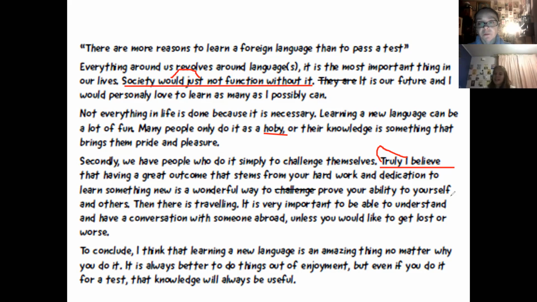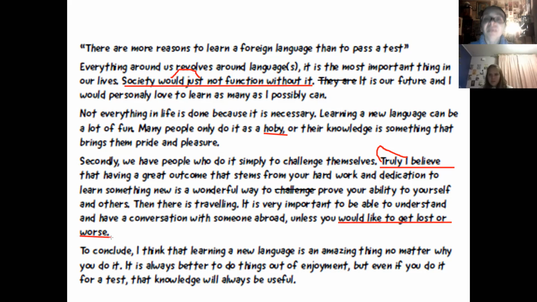Can you help me? As for me, I didn't really like this phrase, "You would like to get lost or worse." Why don't you like it? It's a good phrase. Well, probably it's like speaking in the Russian way.